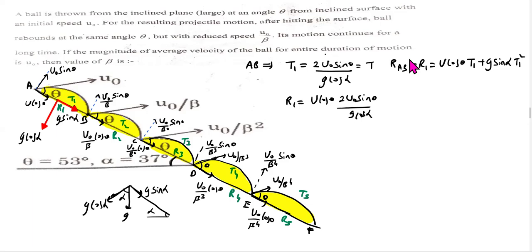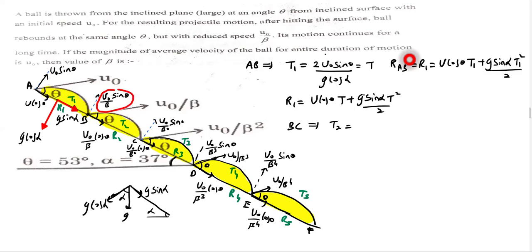I think I'll make it generalized. U cos theta, this will be T square, all divided by 2. This is a range. Similarly, time of flight from B to C. What is the vertical component perpendicular to incline?